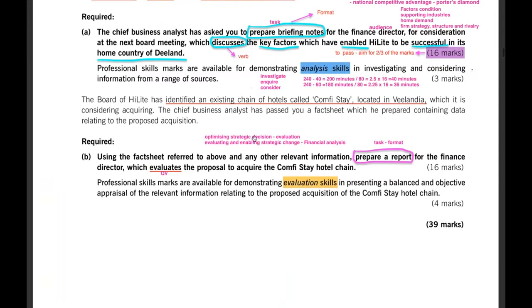So basically here is your task. You have done this, so you know your subject matter, and you are going to use this to answer this particular question. It's about the proposal to acquire the Comfy hotel chain.